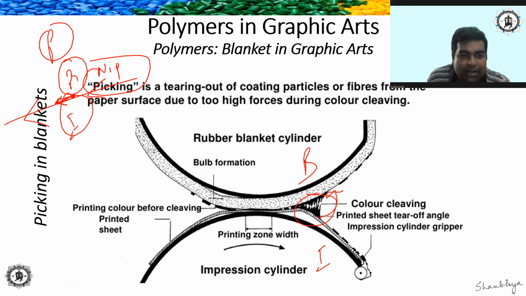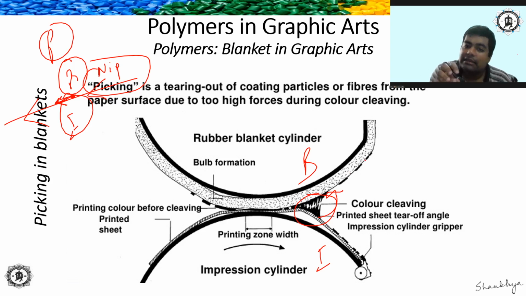That will increase the conductivity, and even lead to tearing of the paper, calcification problems. So all these types of problems will occur. Apart from this, it will also lead to some ink smearing, dot distortion, registration problems, streaks, all these types of problems. Piling means when a large amount of fibers and paper coating gets accumulated on the blanket.